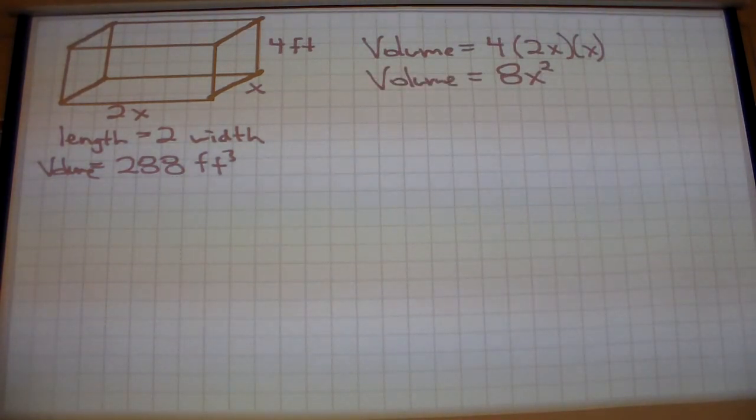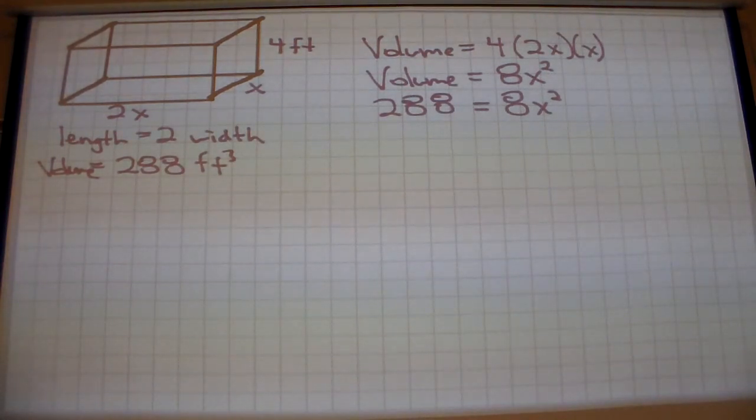But I also know the volume is equal to what? 288. Now our goal here is to find what those dimensions are. How am I going to solve that? Finding your width. What do I do next? Divide by 8.